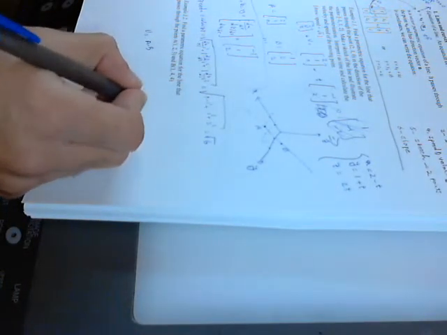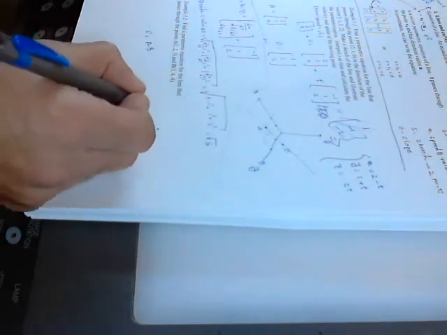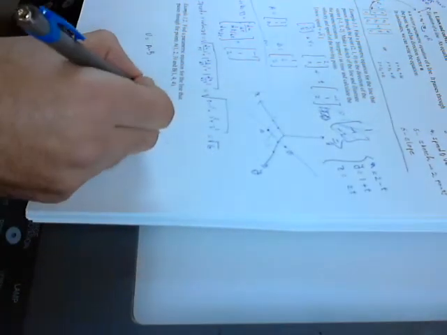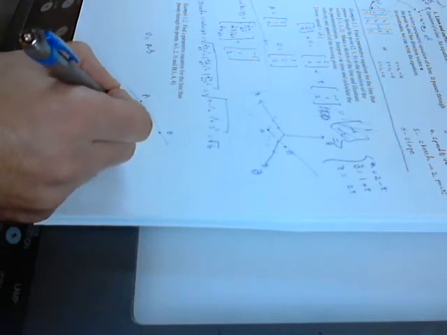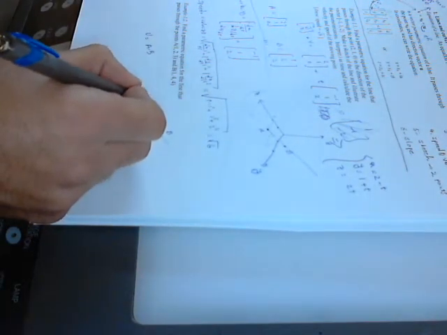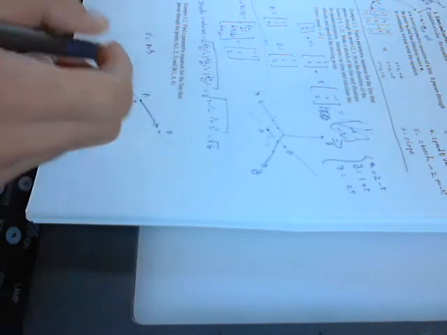The reason is that this is just a line, right? This is A and this is B. I'm just going to pick this one as V naught, and then I need the direction. Direction is a vector that connects A to B, or actually you can say connects B to A, doesn't matter, right?